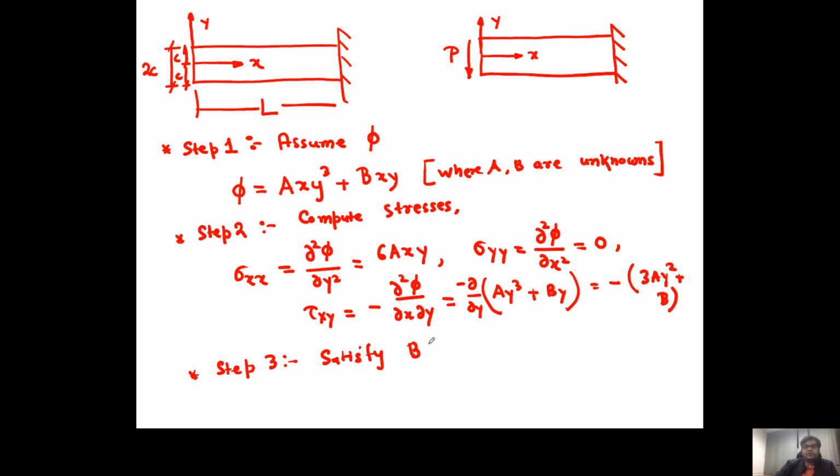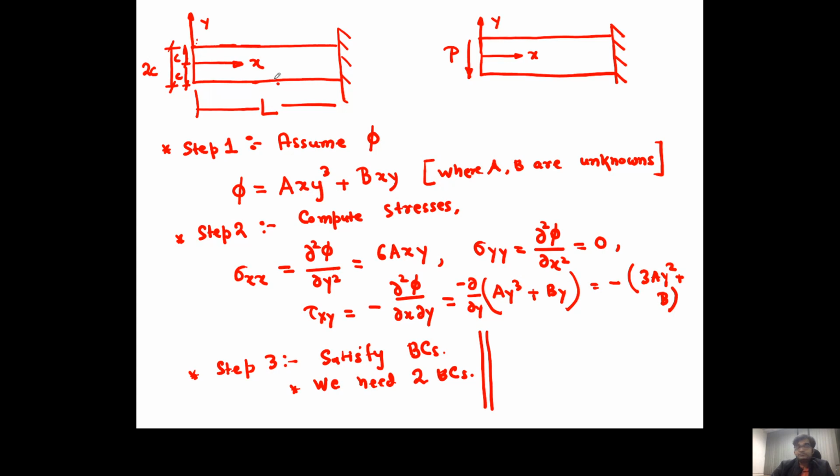So how many boundary conditions do you need? There is A and B, two unknowns, so we need two boundary conditions. What are they? At the top surface and at the bottom surface, there is no shear component. Why?